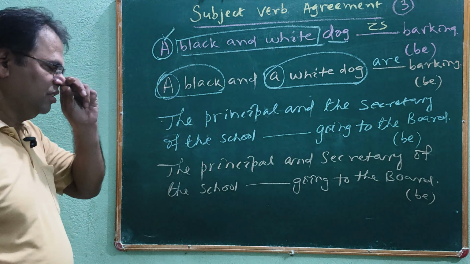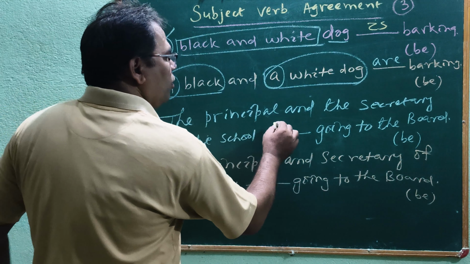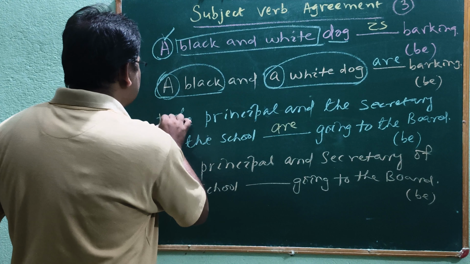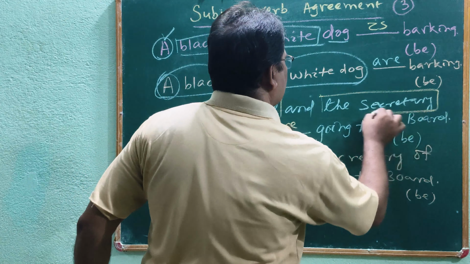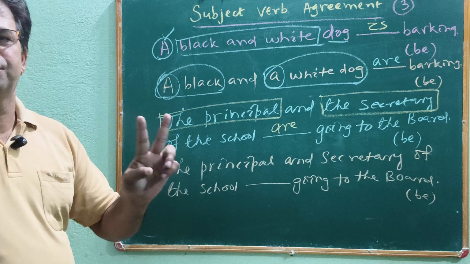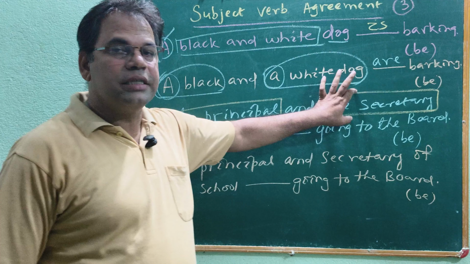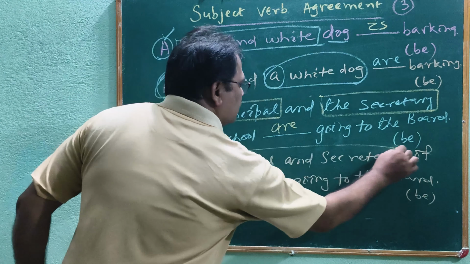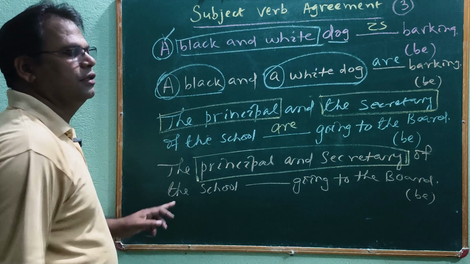See, the principal and the secretary, it will be are, because the principal is someone else and the secretary is another person, so two persons are there. The principal is one and the secretary is another man. Here, the principal and the secretary indicates the same person.